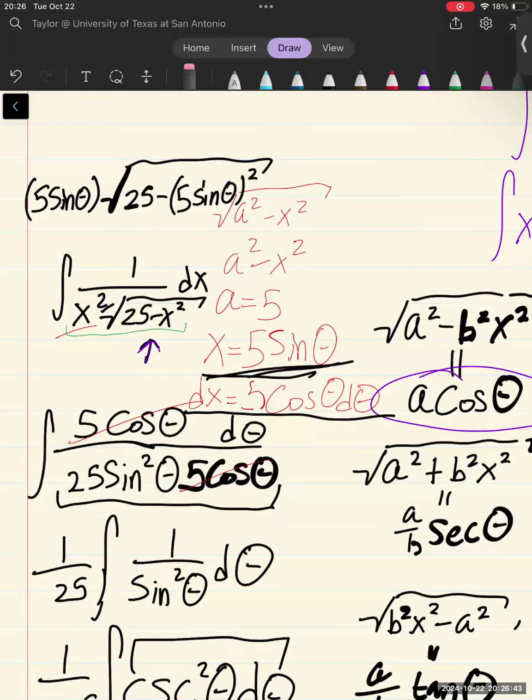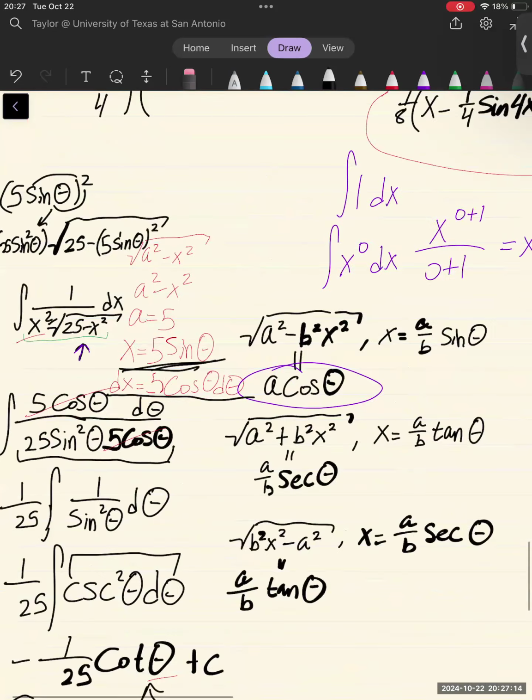Oh, thank you. 25 sine squared, because it's 5 sine theta squared. So you would square the 5 and then square the sine. Okay. Thank you. Yep.